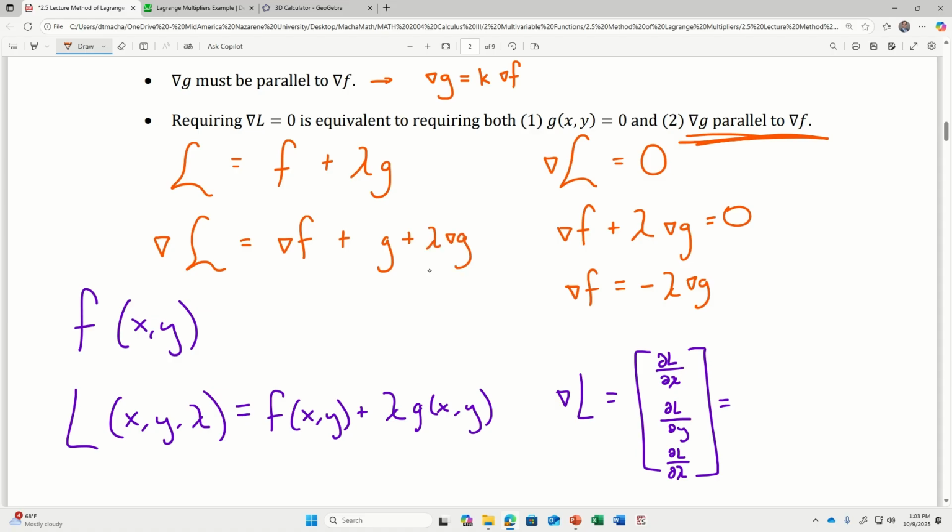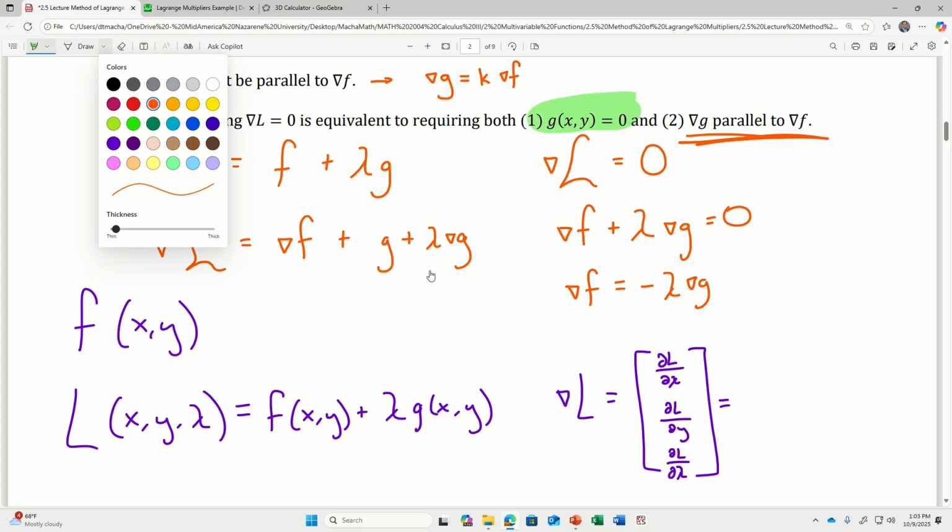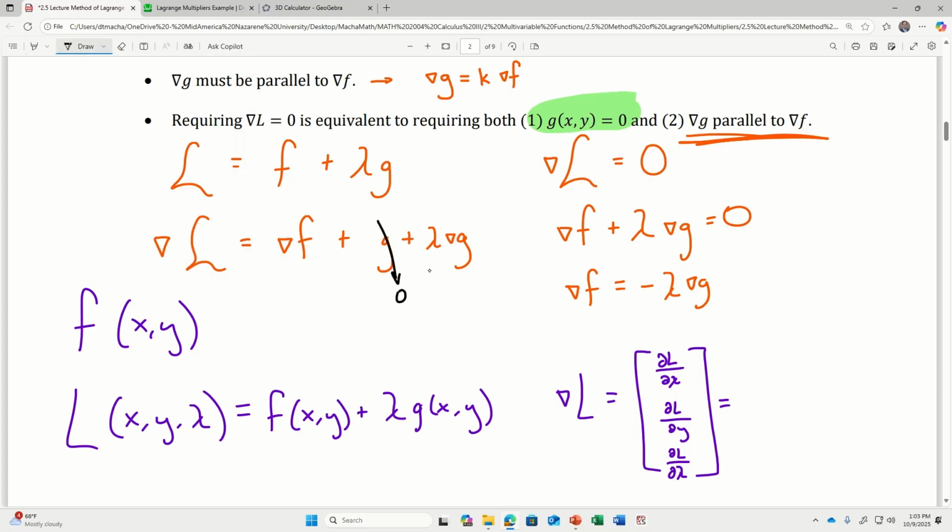There we go, derivative product rule. Of course, but we just said that we're making sure that g is equal to 0, right? And so this part goes away and is 0.